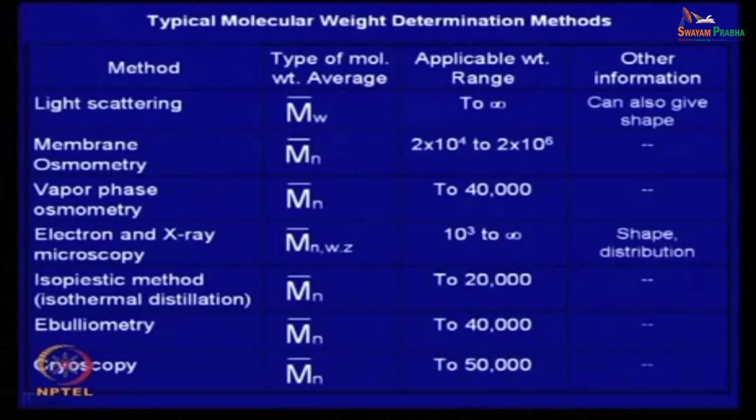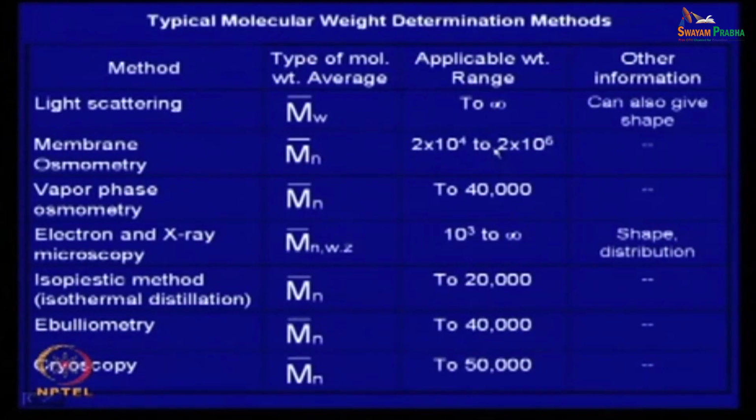Now, there are various techniques, as I mentioned, for the determination of molecular weights. Here is a table which shows the different techniques like light scattering, membrane osmometry, vapor phase osmometry, electron and X-ray microscopy, isopiestic method, that means isothermal distillation, ebulliometry, boiling point elevation, cryoscopy, freezing point depression.